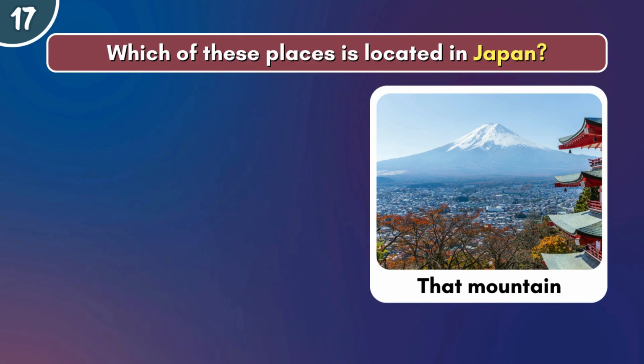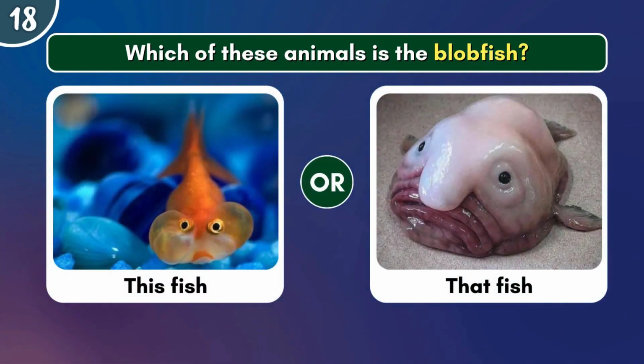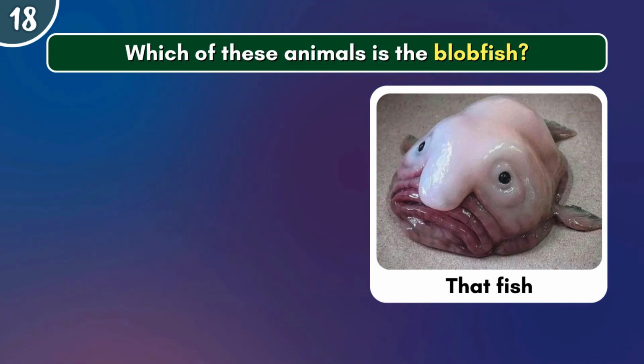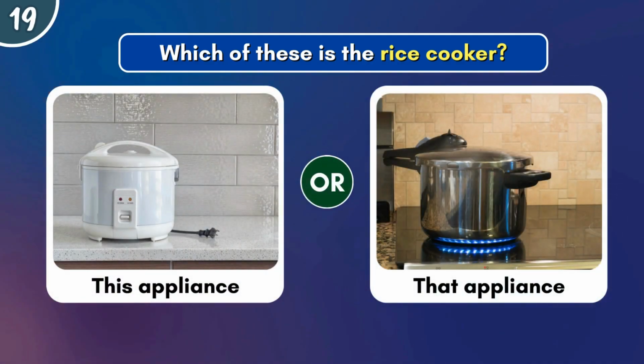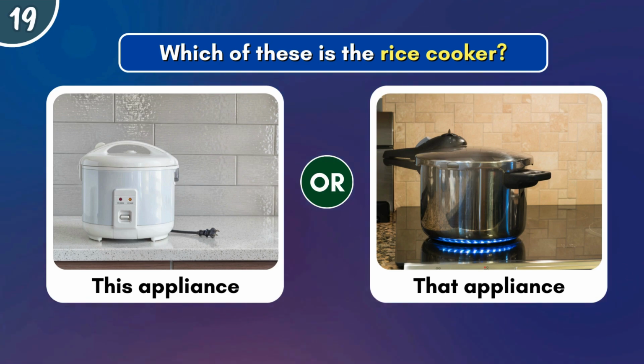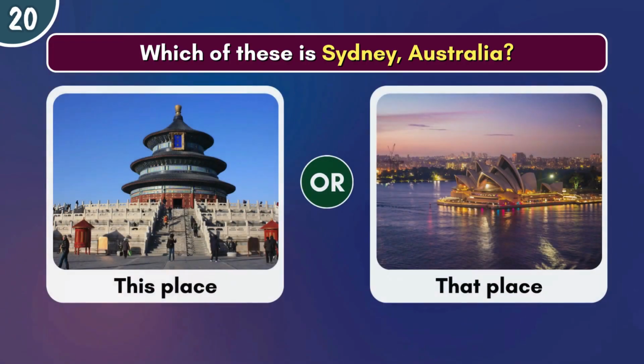It's the mountain on the right. Which of these animals is the blobfish? That fish. Identify the rice cooker. Which of these is Sydney, Australia?